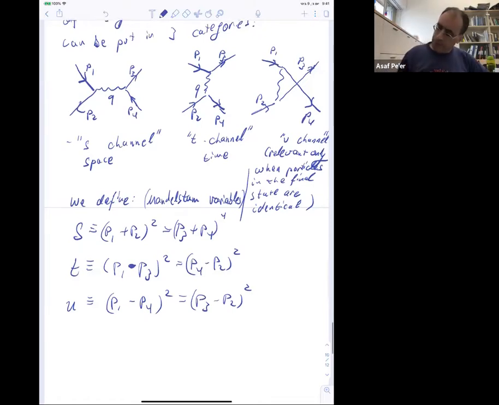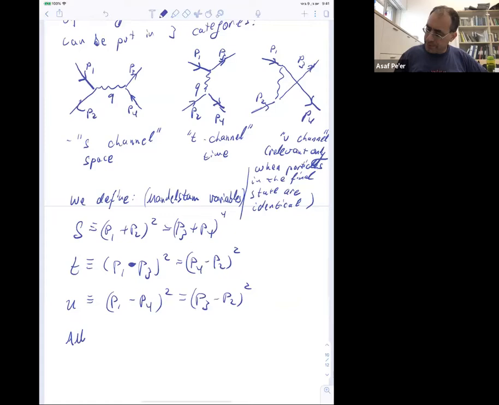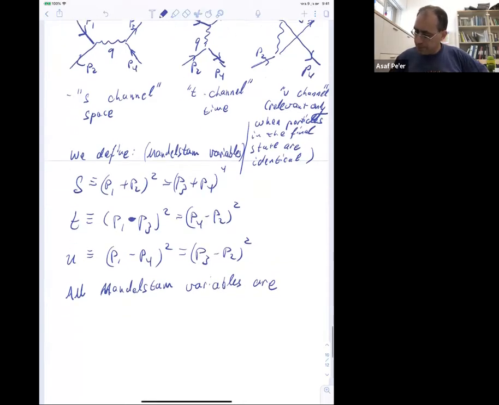All Mandelstam variables are Lorentz scalars. That means that we can calculate them in any frame we're interested in, and we know that they get the same value in any other frame.